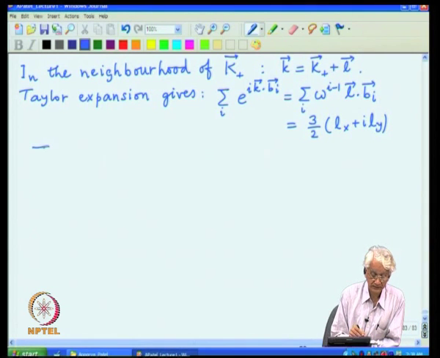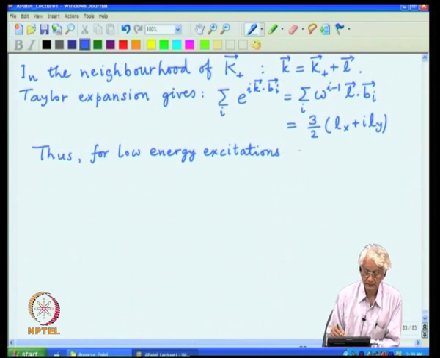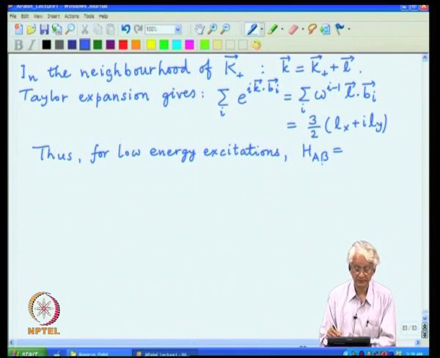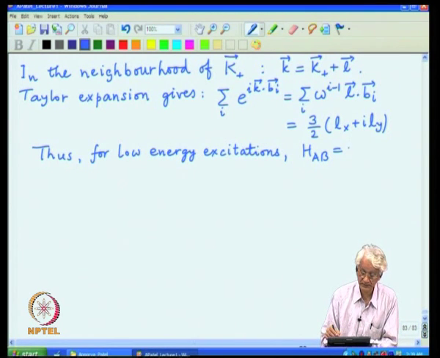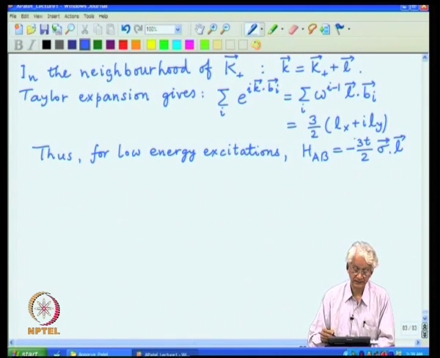And then for these low energy excitations, we have the effective Hamiltonian in this pseudo spin space marked by A and B indices, which is sigma dot L. It basically represents L x plus i L y on one side of the diagonal and L x minus i L y on the other side of the diagonal.